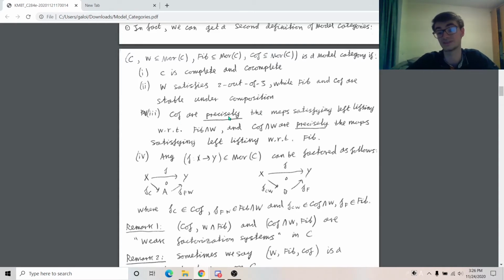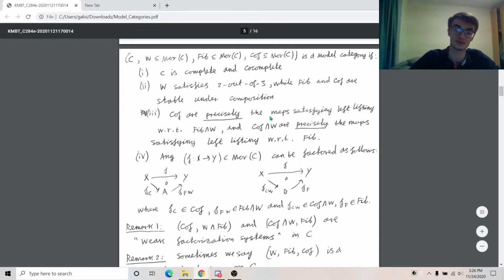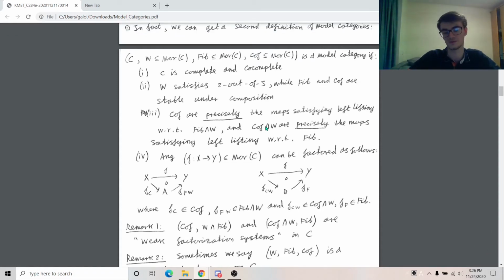The cofibrations are precisely the maps satisfying left lifting with respect to fib intersect W, and cof intersect W are precisely the maps satisfying left lifting with respect to fib. And another lemma would be that you can recover the retract property. The retract property is quite useful when you want to prove things. So this is a more compact definition of model categories. And of course, the last property is just the factorization property as before.